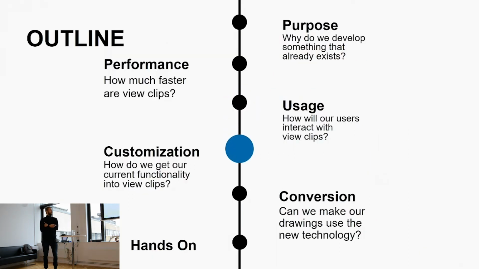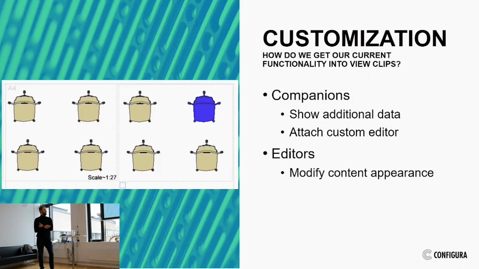So, how do we get the current functionality into view clips? Some viewports have extra functionality. For instance, they want to display the scale down here, which is supported in the classic viewport. Some might, for instance, count the number of snappers in the viewports and display, or show how much the viewport would cost or something.